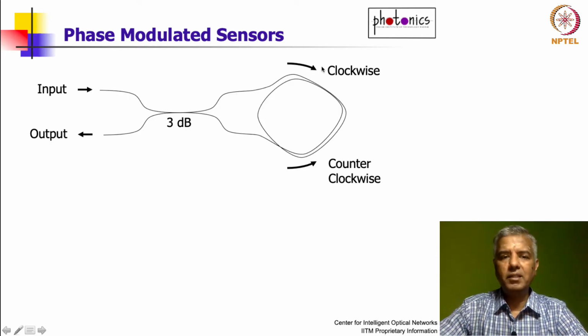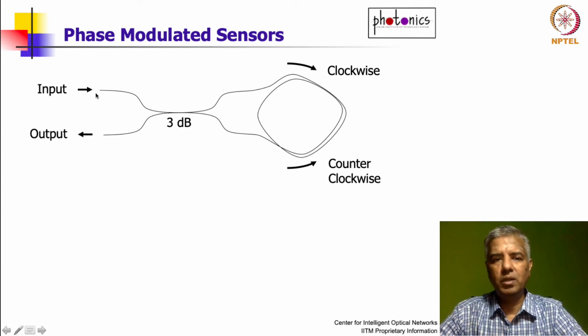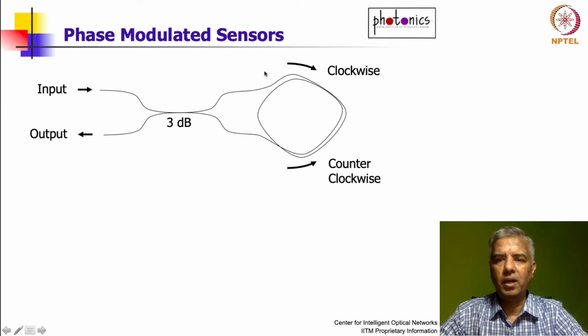But in this case, what you do is you send the light through a splitter, but instead of going into two separate arms, you actually coil the fiber and bring it back to the same splitter. Okay. So essentially light can come in here, and one part of it can go clockwise, and the other part of it will go counterclockwise.